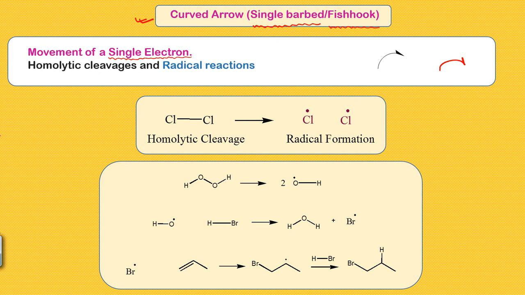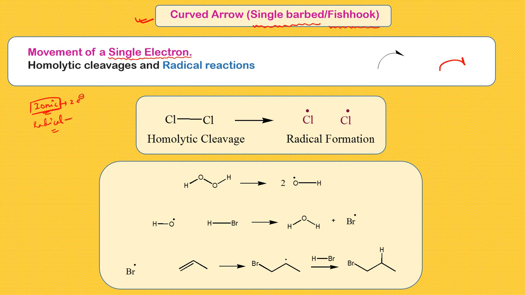As we have just discussed, if the electrons are moving, there may be the involvement of a single electron or two electrons. And the overall reaction mechanism may be of two types. It may be either an ionic reaction mechanism, or it may be associated with a radical reaction mechanism. As we have seen earlier, in the ionic reaction mechanism there is involvement of two electrons.